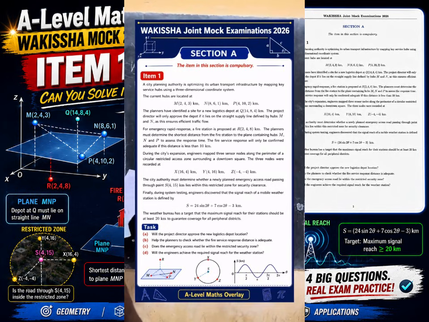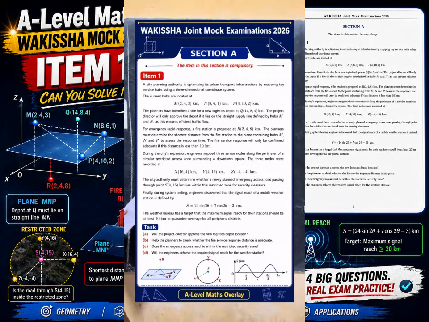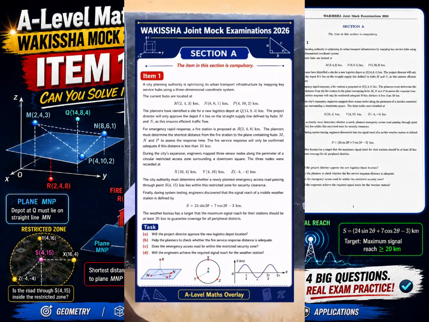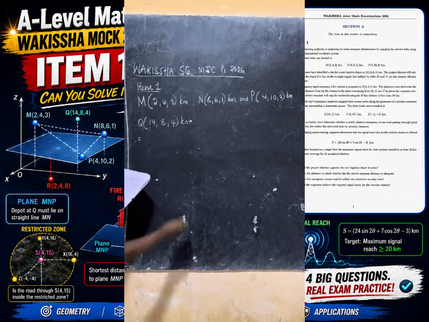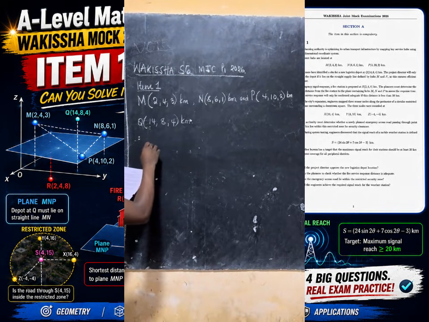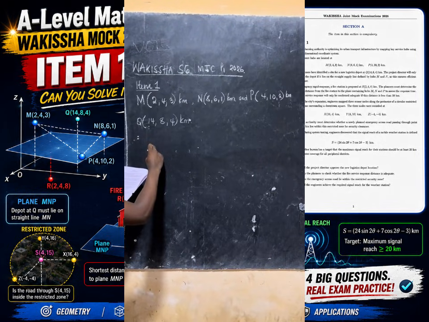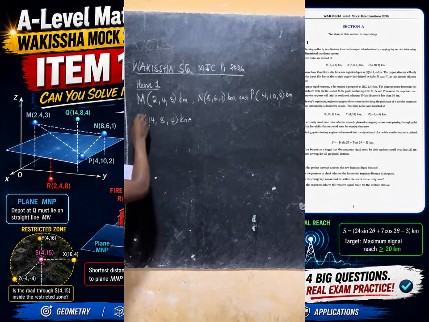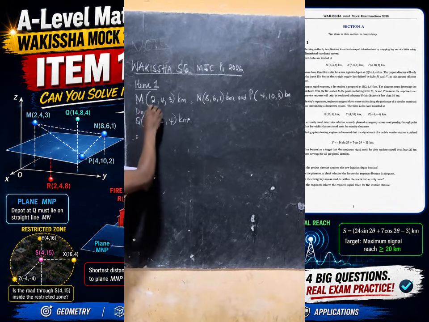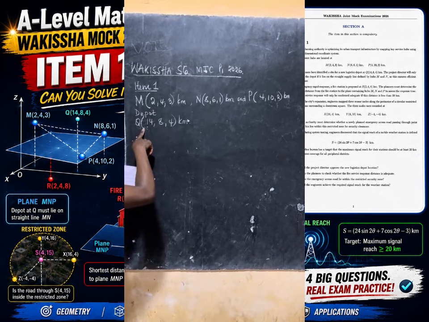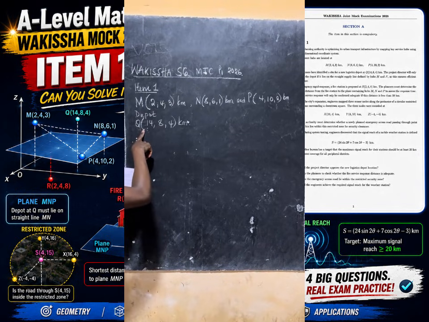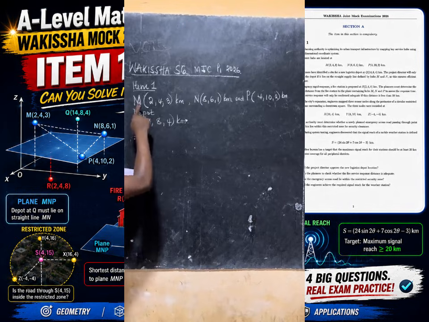The project director will only approve the depot if it lies on a straight supply line defined by hubs M and N, as this ensures efficient traffic flow. This is the depot Q. It must lie on a straight line with M and N.